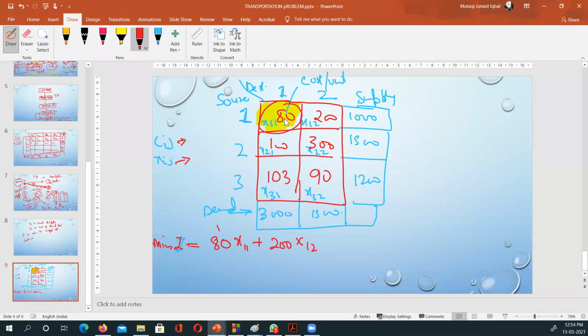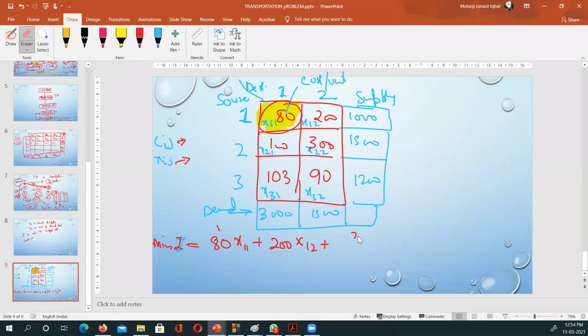So X11 multiplied by 80 plus X12 multiplied by 200 plus X21 multiplied by 100 plus X22 multiplied by 300, or we could say just 200. This I could write here also, first 300 and then this.